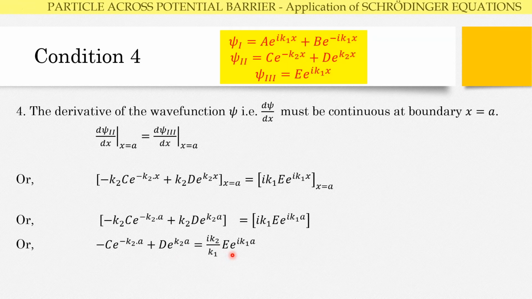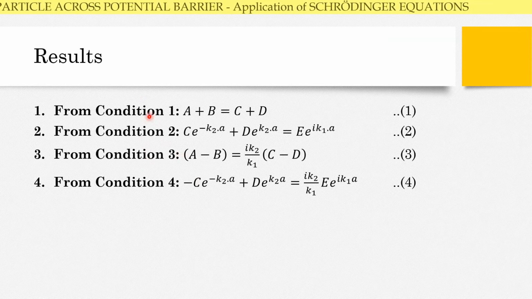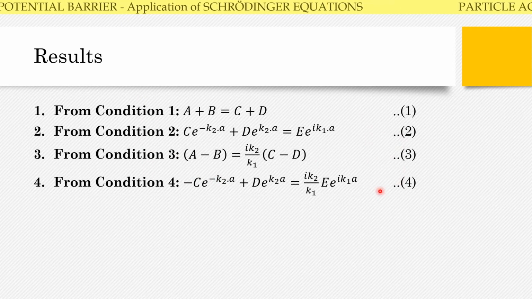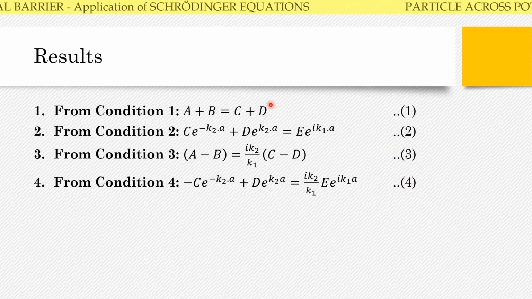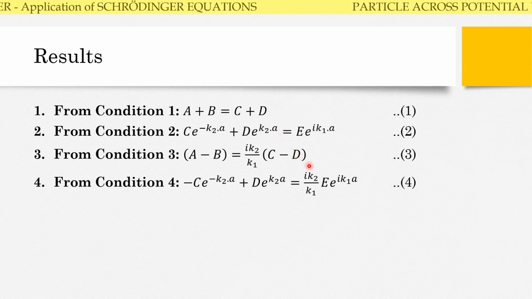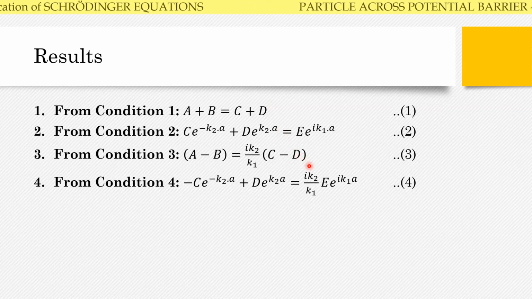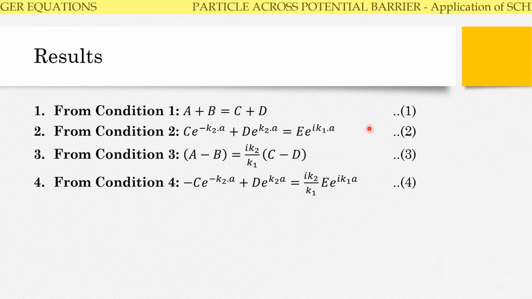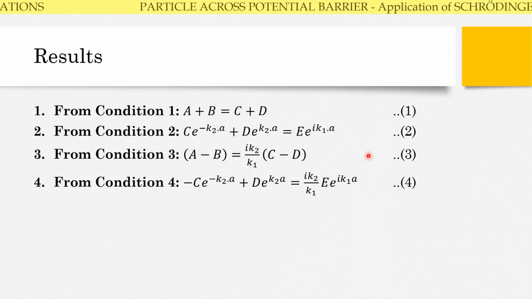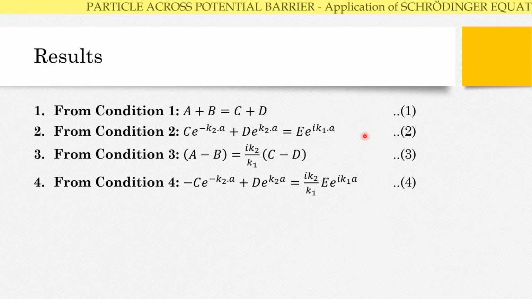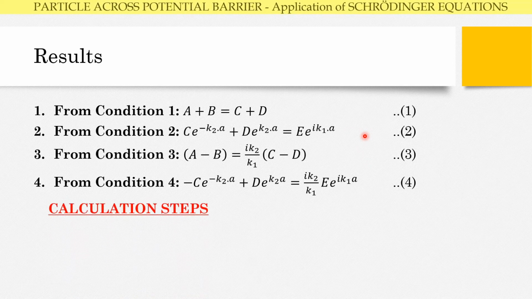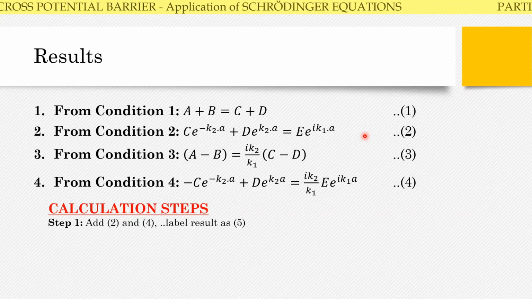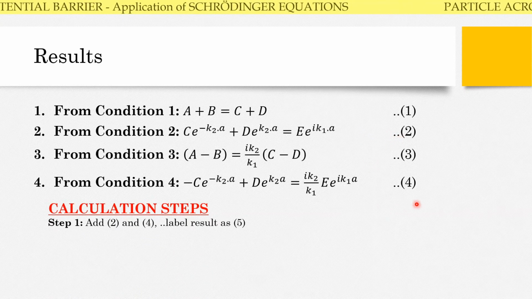So making use of these four conditions, I get these four equations labeled as 1, 2, 3, and 4, which connect the constants A, B, C, D and E. So we have to use these four equations in order to calculate the exact value for the constants. So the calculation steps are: number one, you should add equation number 2 and equation number 4.